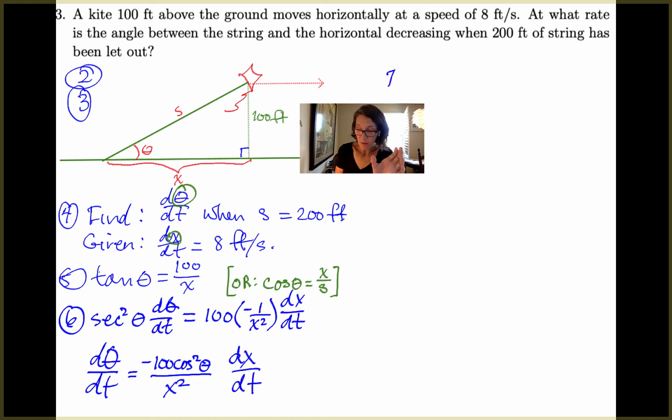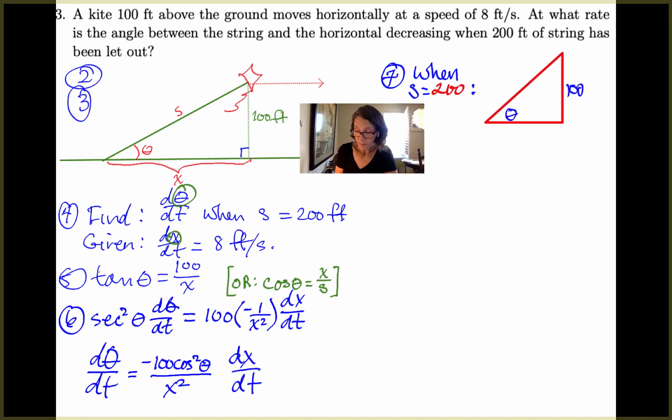At the moment when S is exactly 200, our triangle looks like this. I've got a right triangle. The hypotenuse is 200, and I calculated the base using the Pythagorean theorem, square root of 200 squared minus 100 squared, and I simplified it, and I got 100 times the square root of 3.